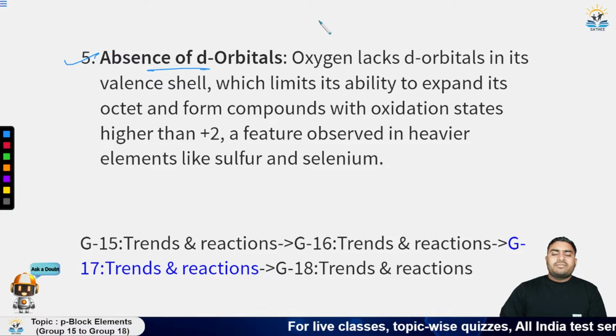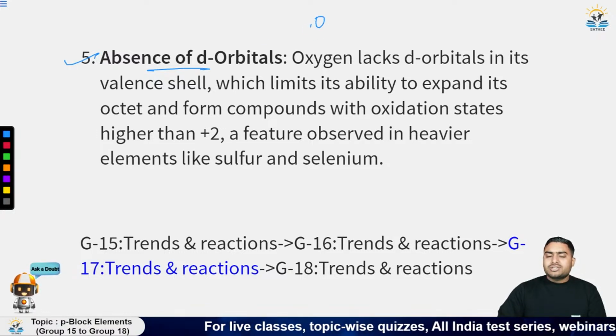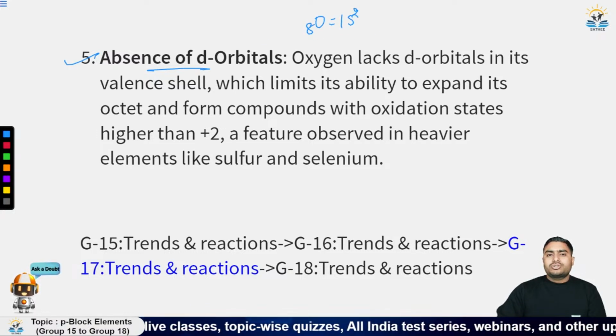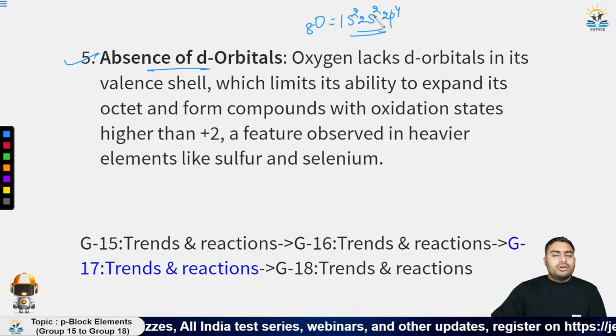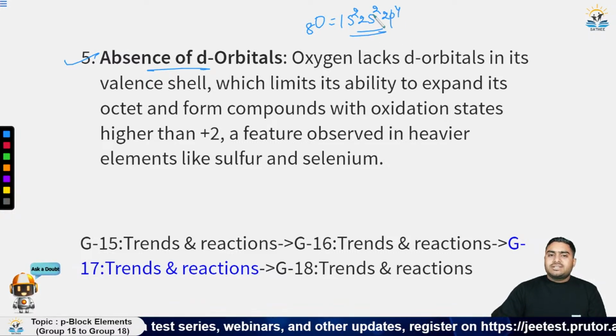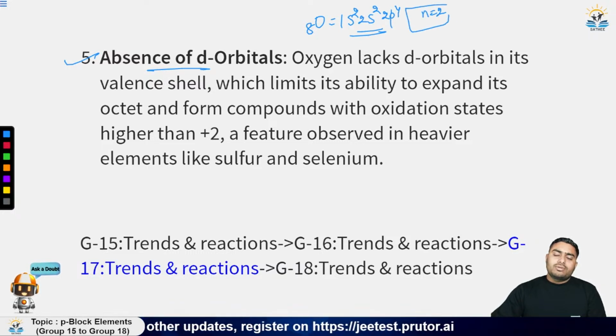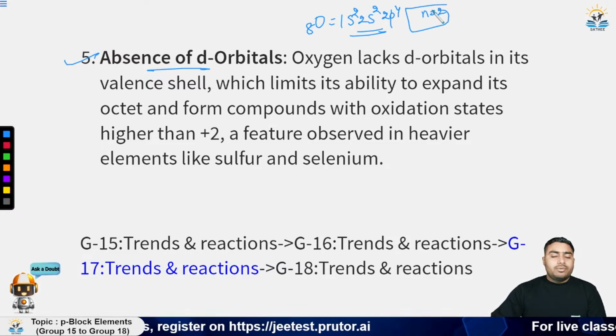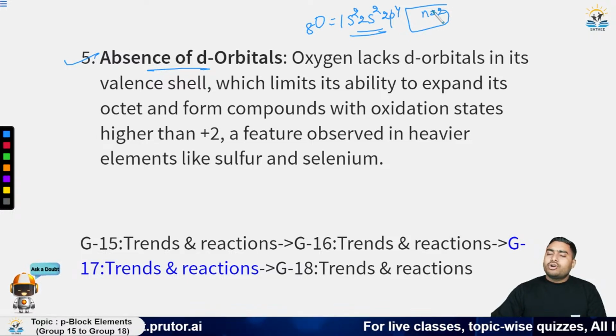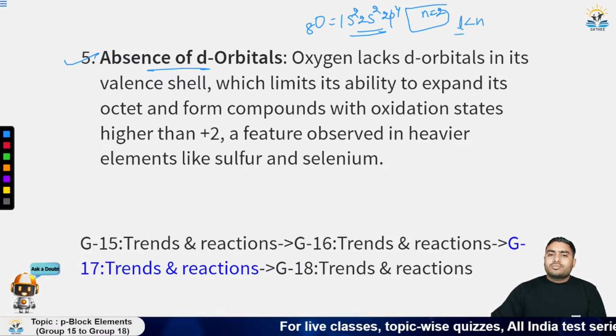Absence of d orbital: oxygen belongs to the second period. Oxygen atomic number is 8, and 1s2, 2s2, 2p4 is the electronic configuration. So it belongs to the second period, which means no third shell is here. If n value is 2, then l value can never be equal to n. l is always smaller than n.